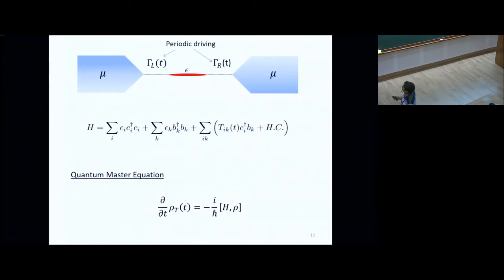Gamma is the modulus square of these quantities T, which is the coupling, right? That's why I said the rates are proportional to gamma. So these rates, gammas, are proportional to the modulus square of this coupling.